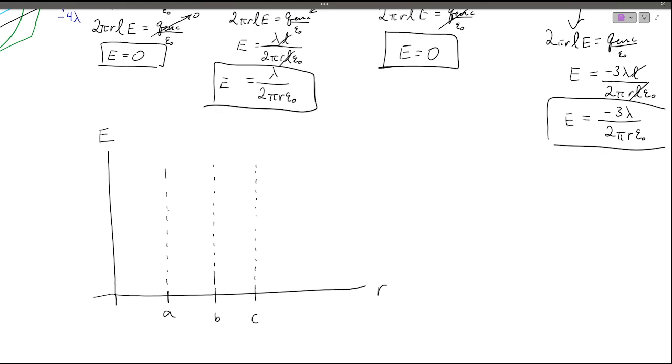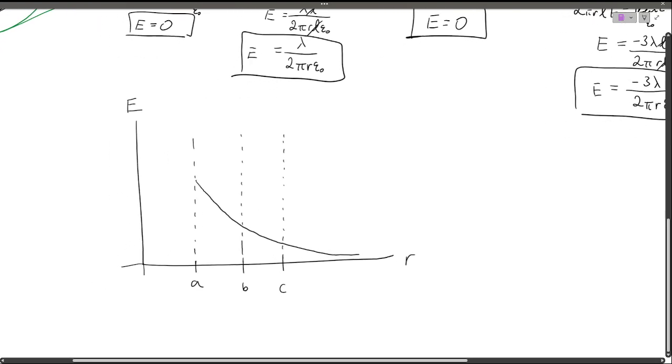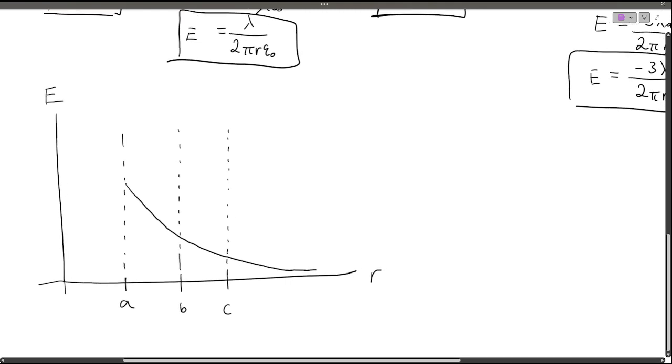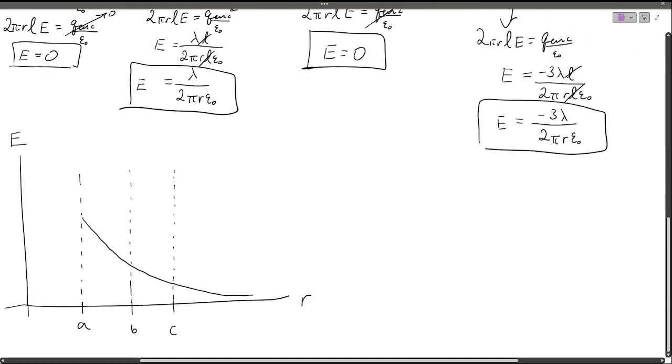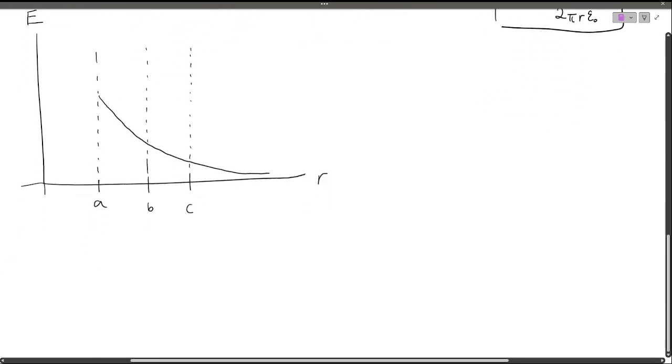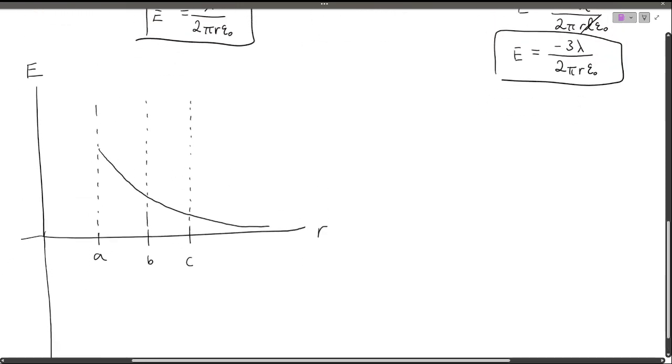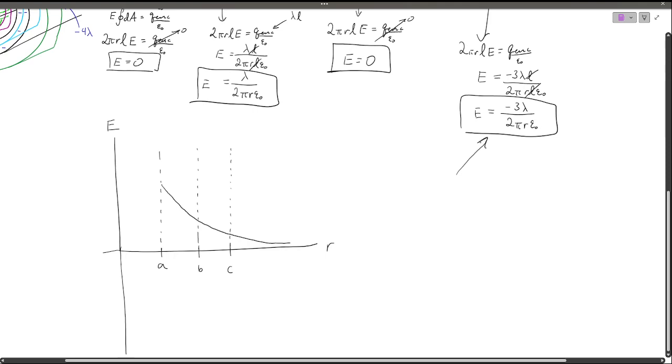What I find convenient to do is continue it on as if it were going on forever, and leave it there for a second as a guide, because it's 0 between b and c. But then after c, I suppose this actually needs to go down. You know that this is just the same thing as this, but times negative 3.